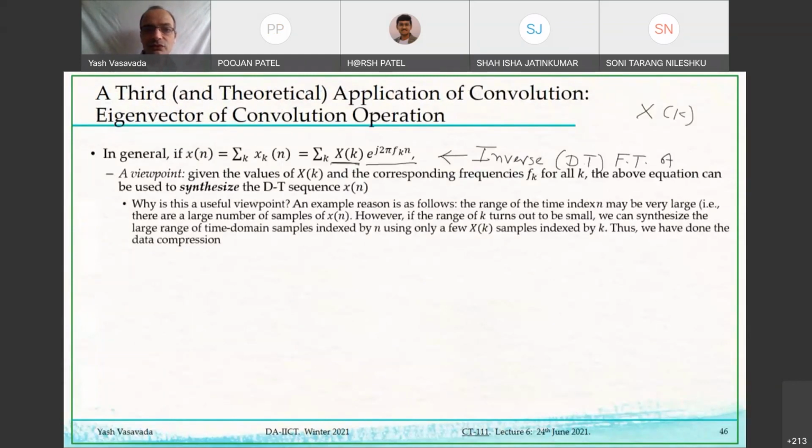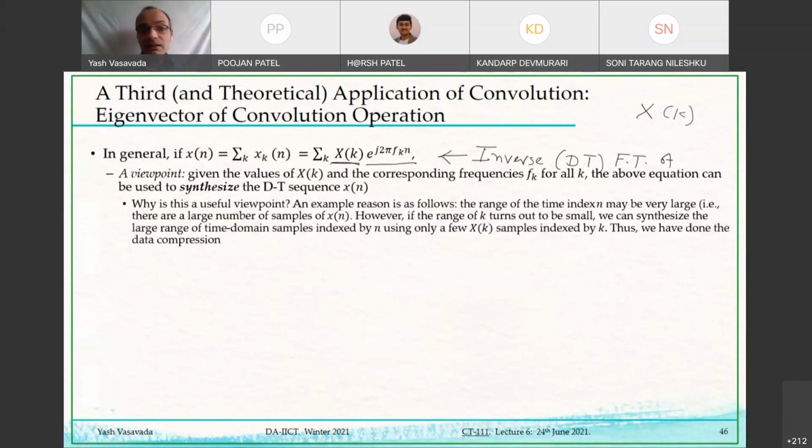And so who can tell me now how to write the output for this general expression here? Summation xk of n into h of fk. Correct, Kandarp. So Kandarp is correct.